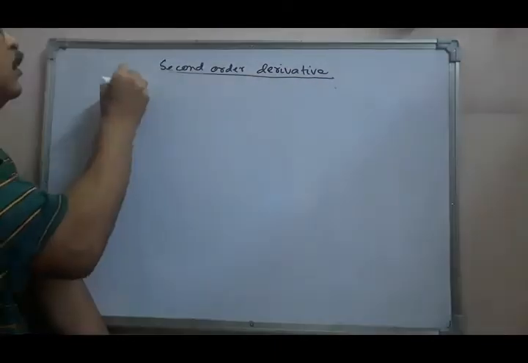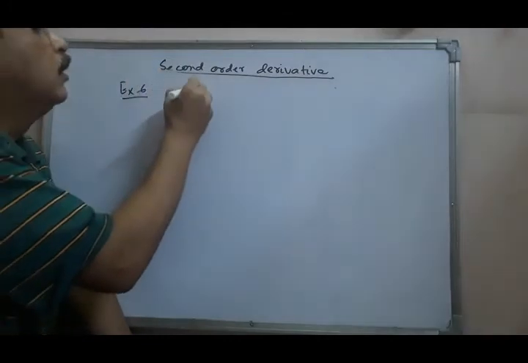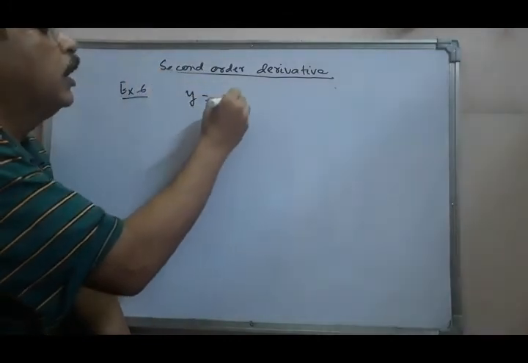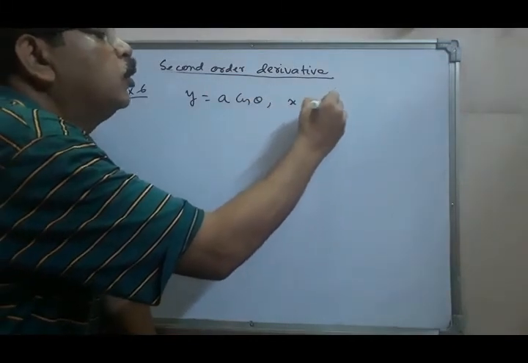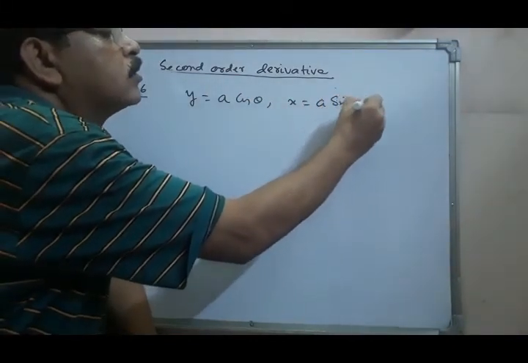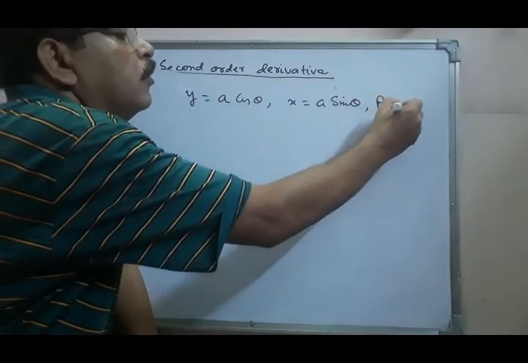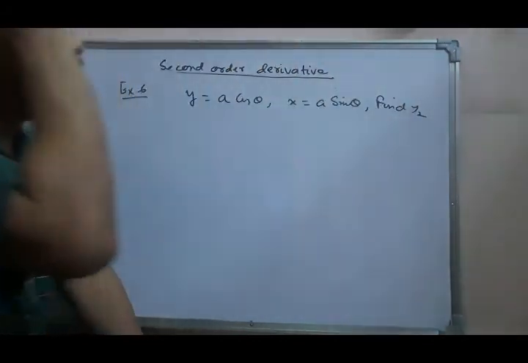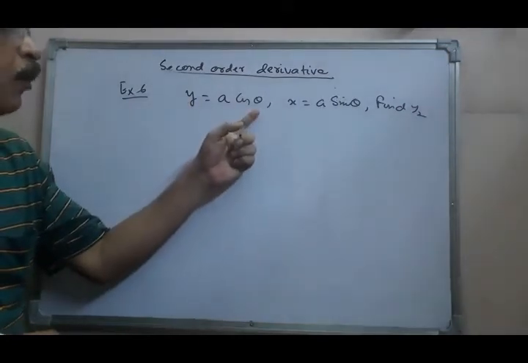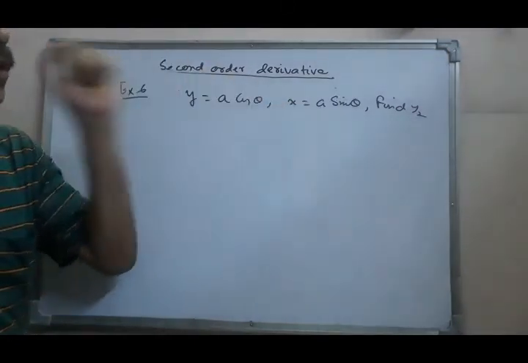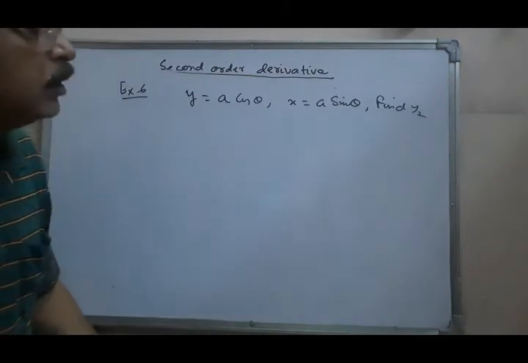Example 6. Let y equal to a cos theta and x equal to a sin theta. Find y2. So here y depends on the third variable, the parameter theta, and x also depends on the parameter theta.